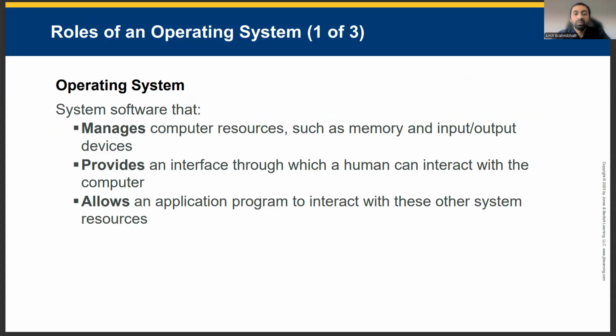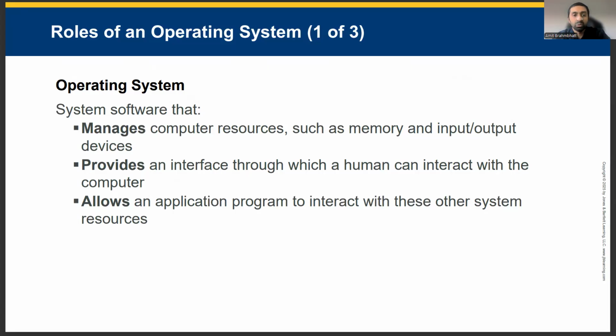Here we define the operating system as essential system software with three major roles. First, it manages computer resources, things like CPU time, memory space, storage, and input-output devices. Second, it provides an interface for users, allowing us to interact with hardware through graphical interfaces, command lines, or touchscreens.